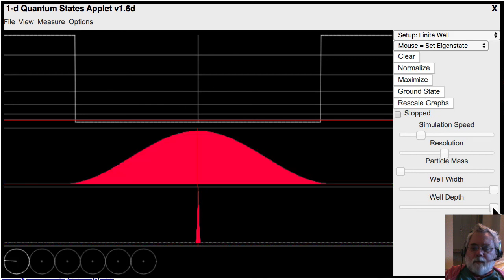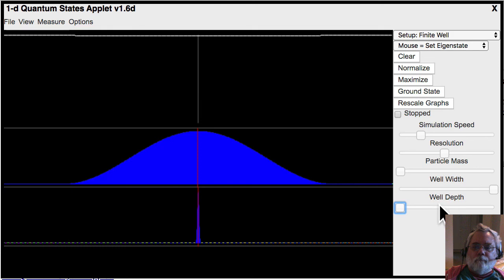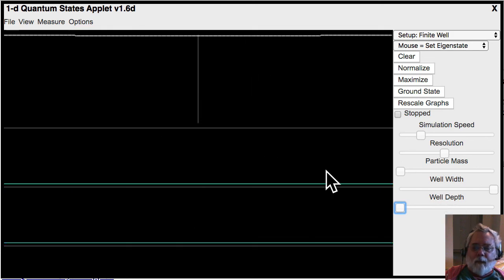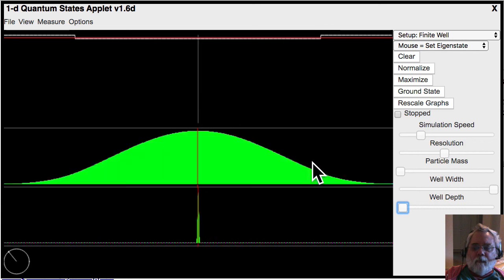Now let's reduce the well depth. Can't really see it very much anymore, but I broke the simulation. It turns out in one dimension, no matter how small the depth of the well, there always is still a bound state.